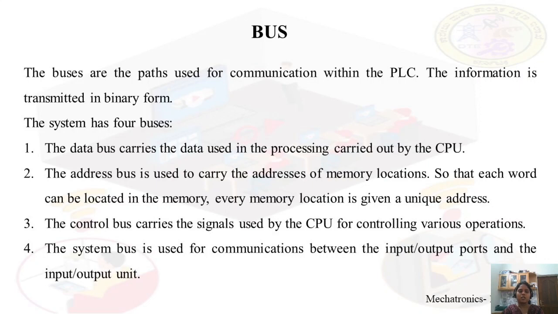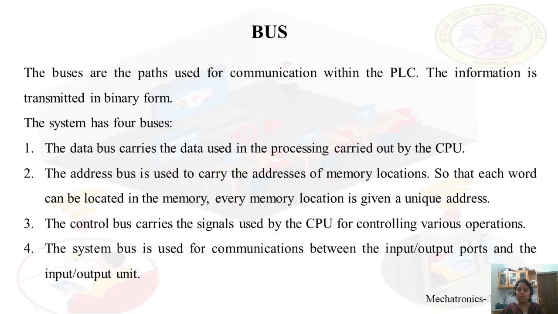Next one is the control bus. What is the control bus? The control bus carries the signals used by the CPU for controlling various operations. In the control bus, the signals inform the memory devices whether they receive data from the input devices or are to send the data.